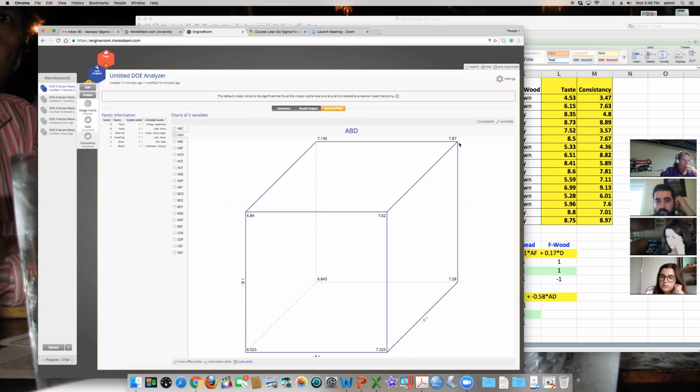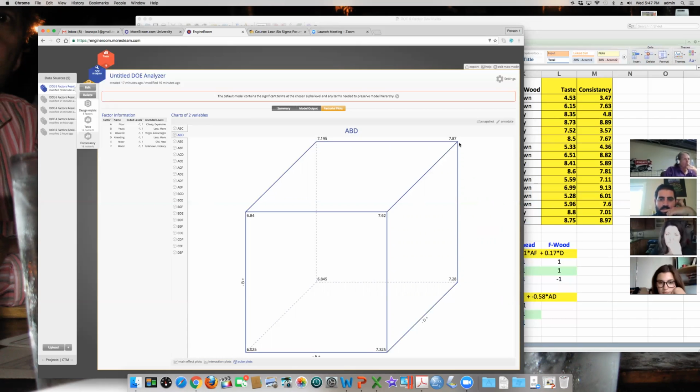And then vertically, it's plus on B, which is more yeast. So expensive flour, more yeast, and more kneading tend to give you a higher value according to this cube plot.